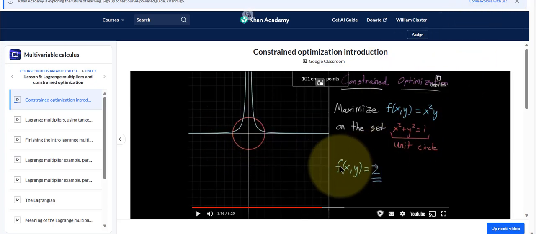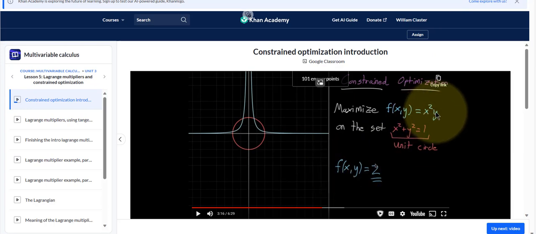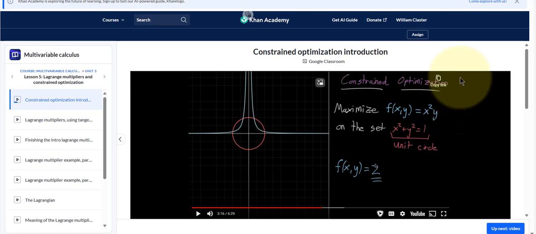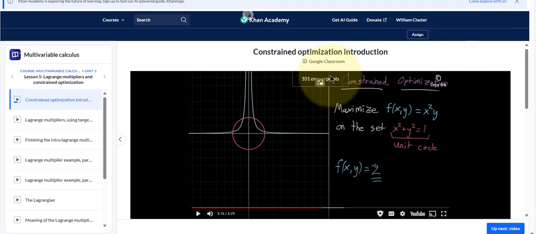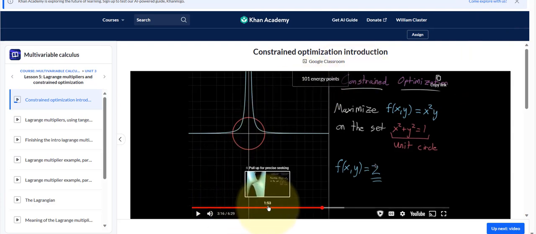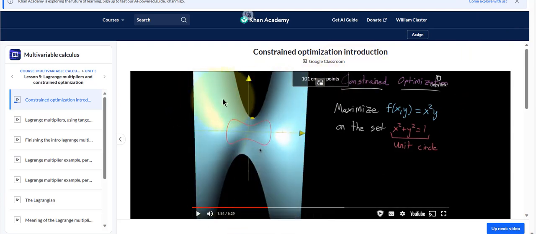So in the video, he says, what if we think about f of xy equals 2? That means we're talking about cutting the surface at height 2.